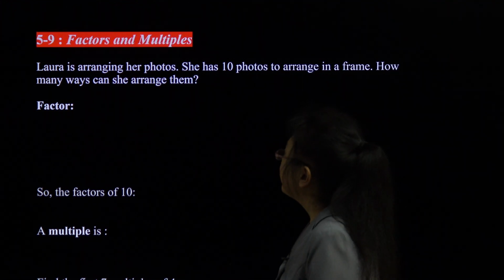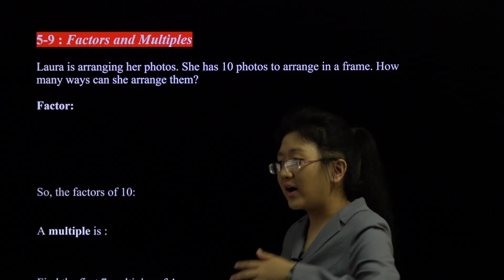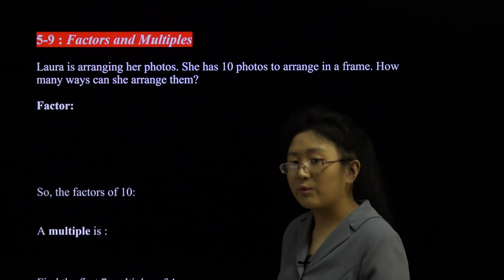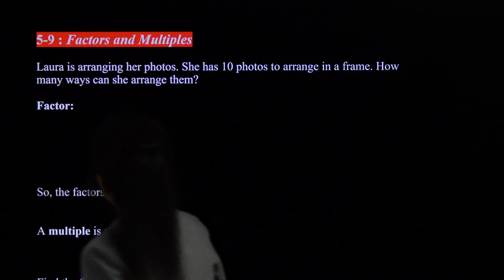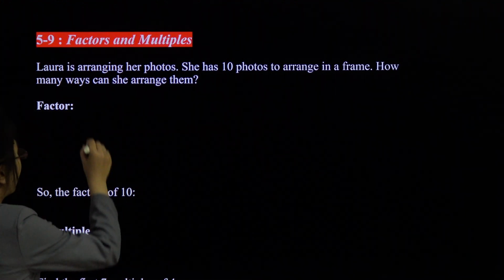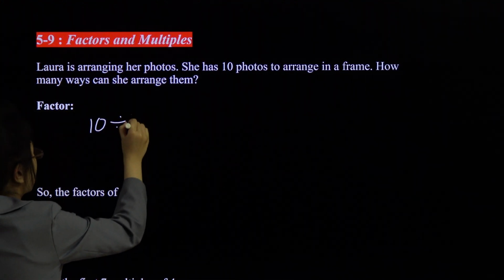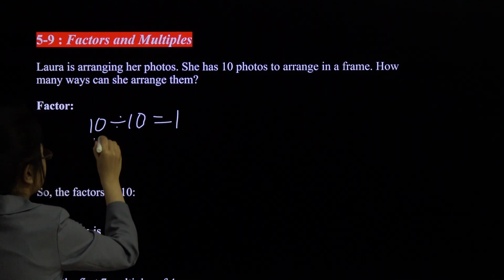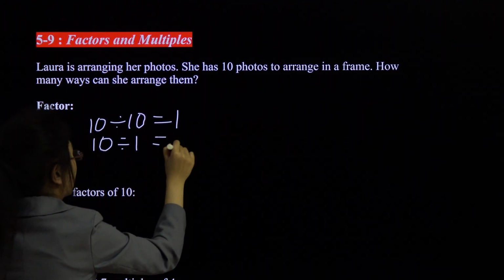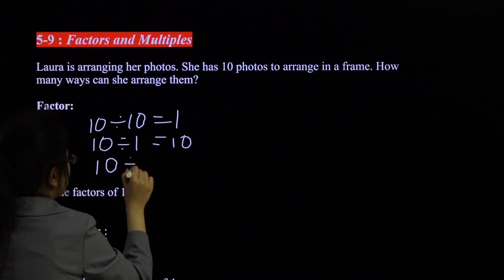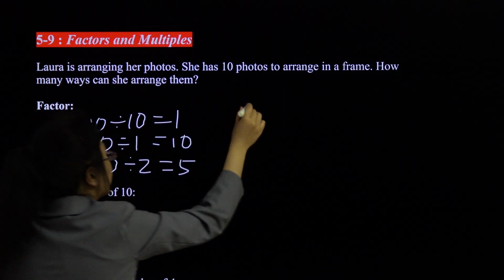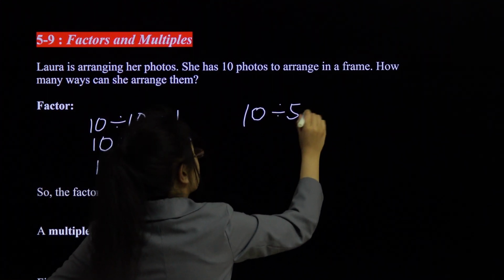So a factor is a number that divides into another number and results in a whole number. So think about it. The factors of 10 include 10 divided by 10 equals 1, 10 divided by 1 equals 10, 10 divided by 2 equals 5, and 10 divided by 5 equals 2.